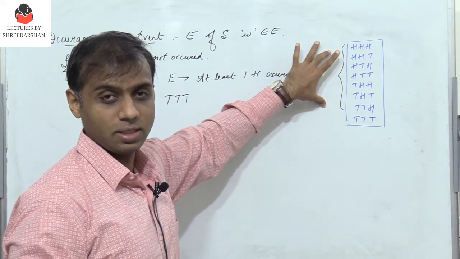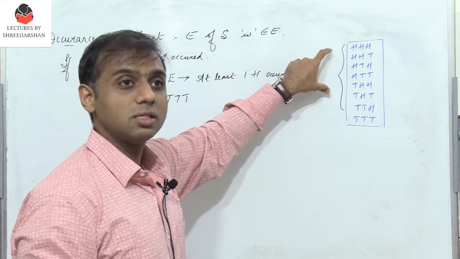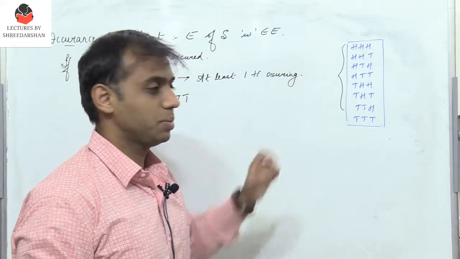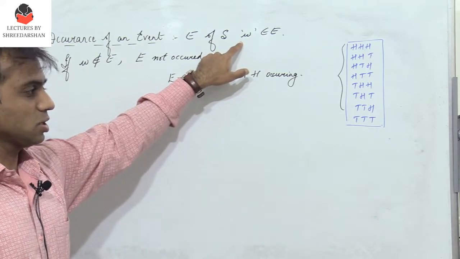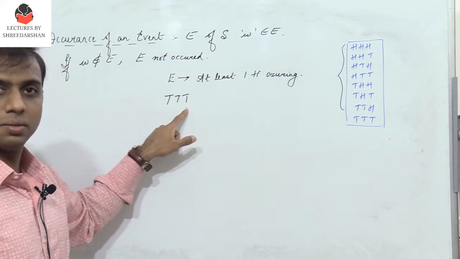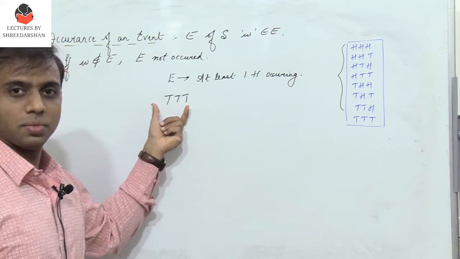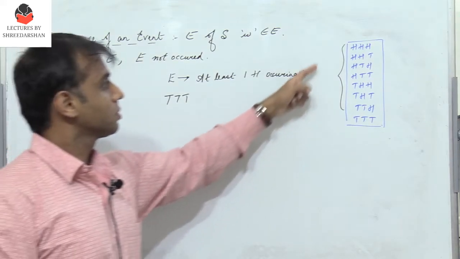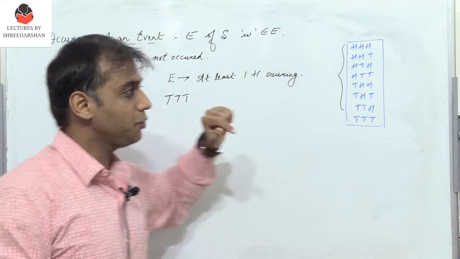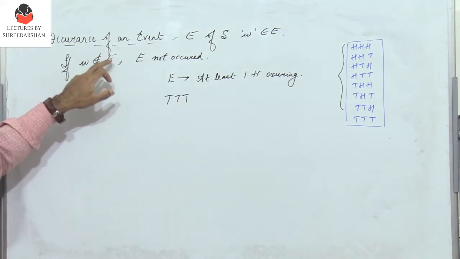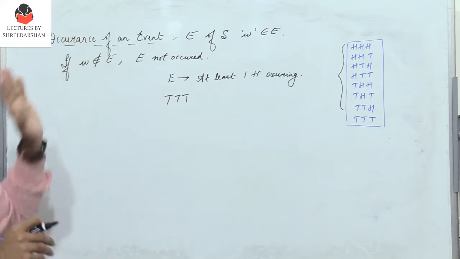This is the event E, which is a subset of the entire sample space. But if I have an outcome W such that I get 3 tails, that means this outcome is not one of the outcomes present in the event E. Therefore we say that W does not belong to event E and E has not occurred.